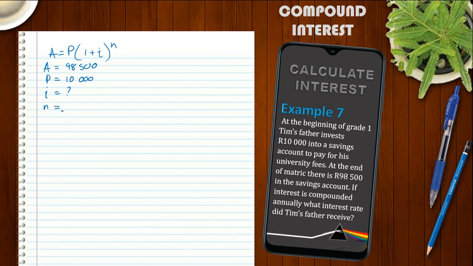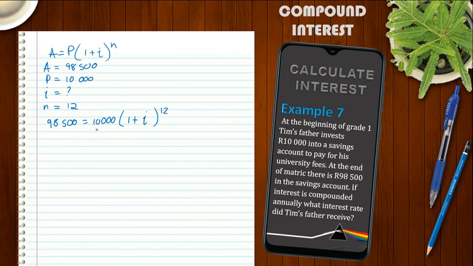The number of years: beginning of grade 1 and then at the end of matric, so assuming he didn't fail a year, the norm is 12 years. So now substituting in our known values, we have 98,500 equals 10,000 times (1 plus the interest, which we want to solve for) to the power of 12.